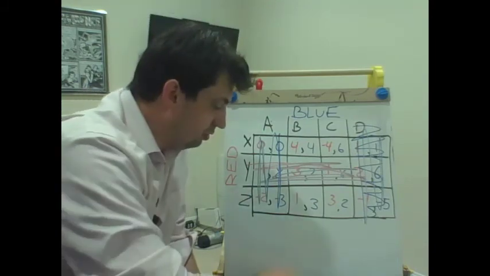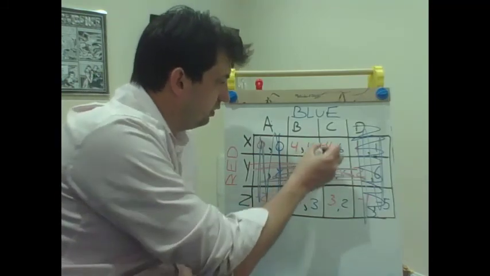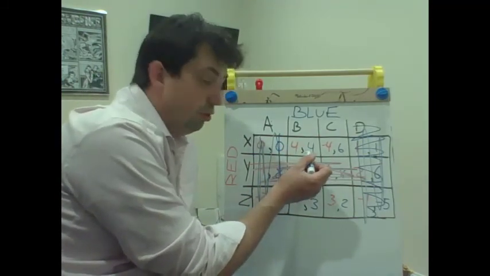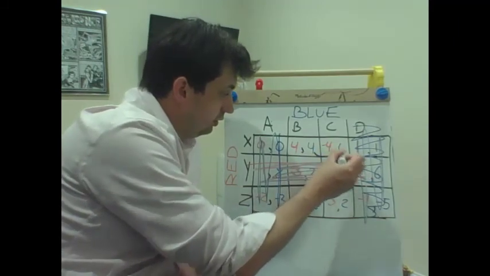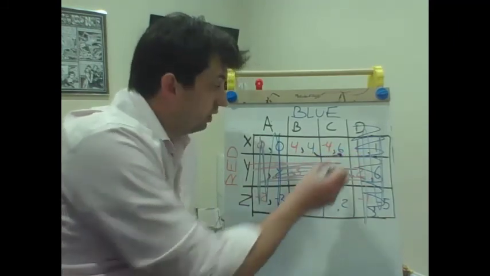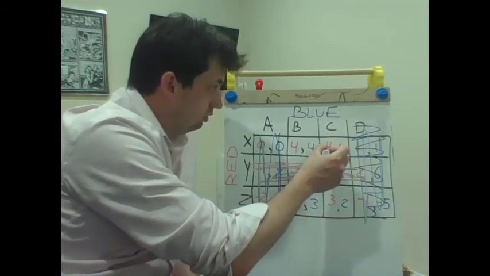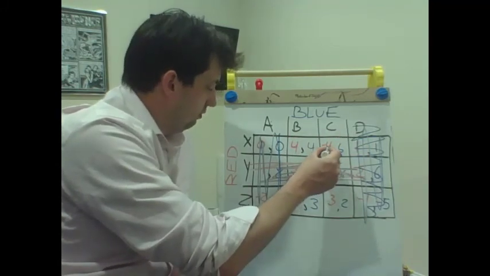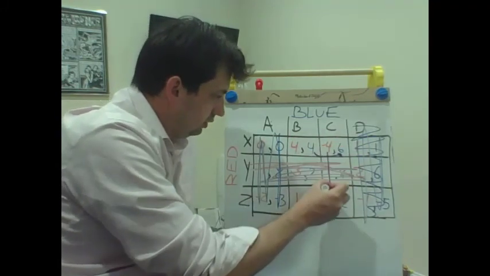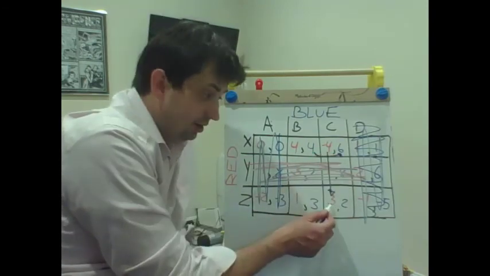And it's pretty clear that when you look at it, if we're here, blue would like to change to 6. Well, if we're here, blue would like to change from B to C. Red would like to change from X to Z, right? From going from -4 to 3.